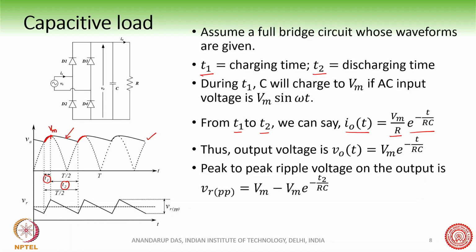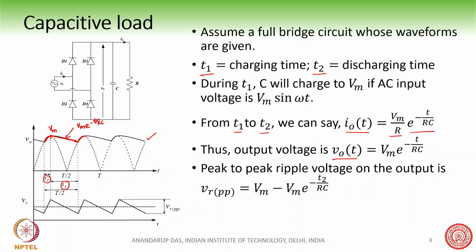Therefore, the equation for this output voltage will be Vm into e to the power minus t by tau, and with this it will start to fall. So now we have found out how much the peak to peak ripple voltage will be.